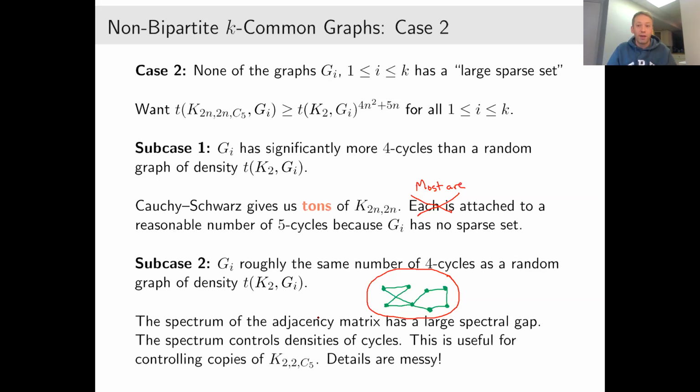This works in our favor. And also you can glue as many of these 4-cycles as you want, and that turns out to be useful. Then you can get lots of copies of our graph by doing some more Cauchy-Schwarz. Sorry that all of these details are a bit vague, but trust me, it's not terrible, but you don't want to see me go through these calculations in a talk.